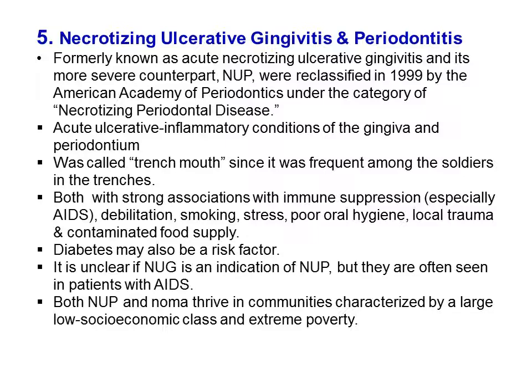That means this type of condition, necrotizing ulcerative periodontitis and gingivitis and noma, can be seen mostly in patients of low socioeconomic class and poor.